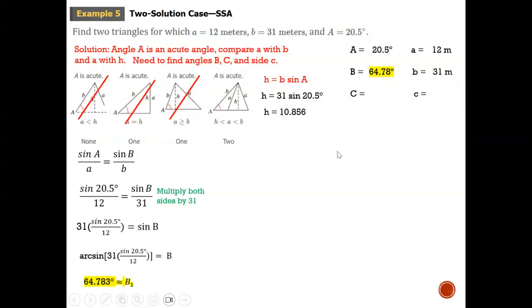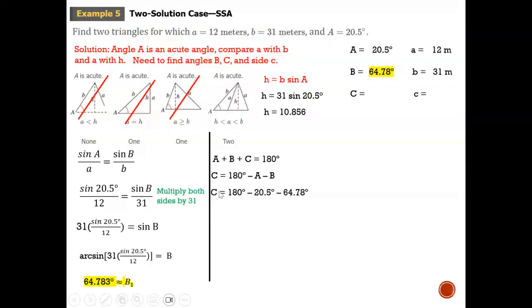Now I need to find C. So we use A plus B plus C equals 180. So C equals 180 minus A minus B. Let's plug in the values for the angles. So C equals 180 degrees minus 20.5 degrees minus 64.78 degrees. So C equals 94.72 degrees.